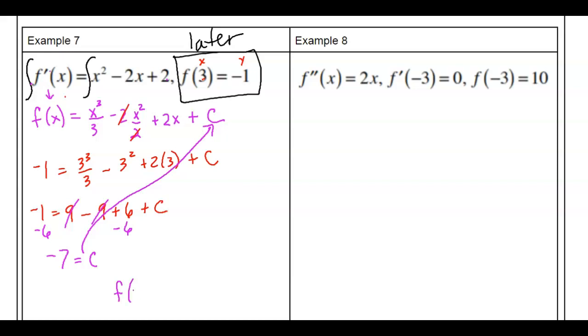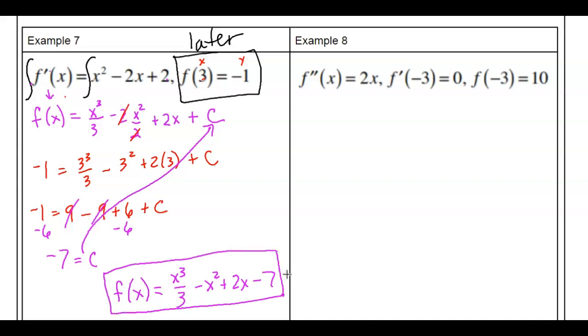So our specific solution, and that's why I can use the f of x, is going to be x cubed over 3 minus x squared plus 2x, and then this is our c value. So that is our specific solution. We found the exact original equation that would meet that condition. There's no other answer that would work. Okay?